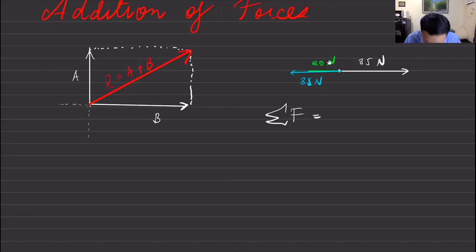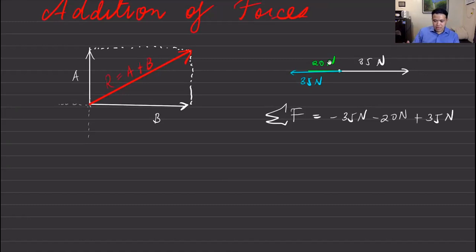That should be equal to, if you are going to add 35, it's to the left, so you put a negative sign: negative 35 newtons. The other one is also to the left, which is negative 20 newtons. And the other one, the white vector, is 35 newtons. It is to the right, so we can assume it's positive 35 newtons.